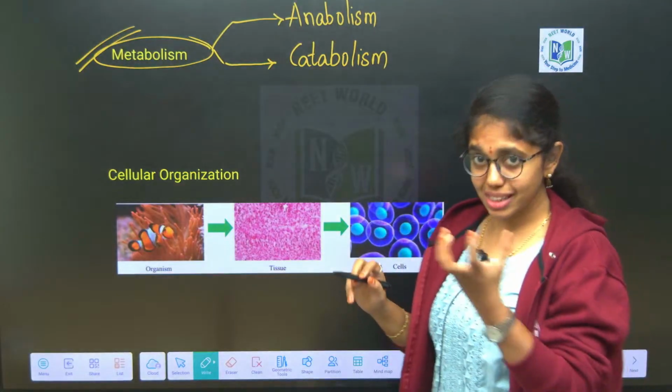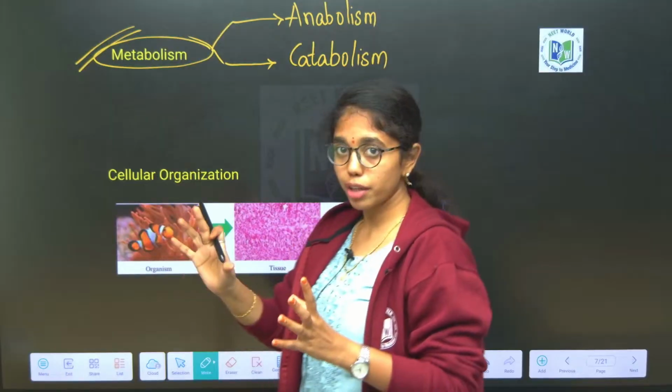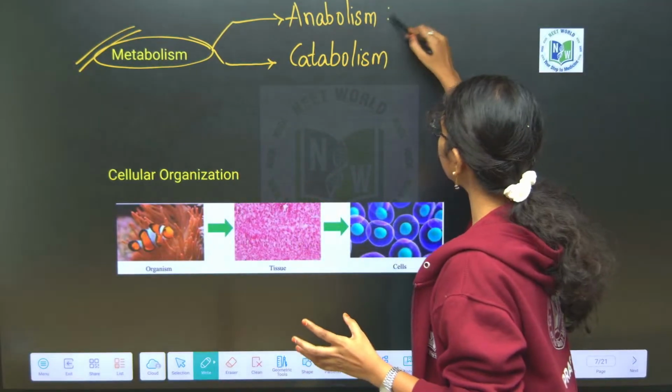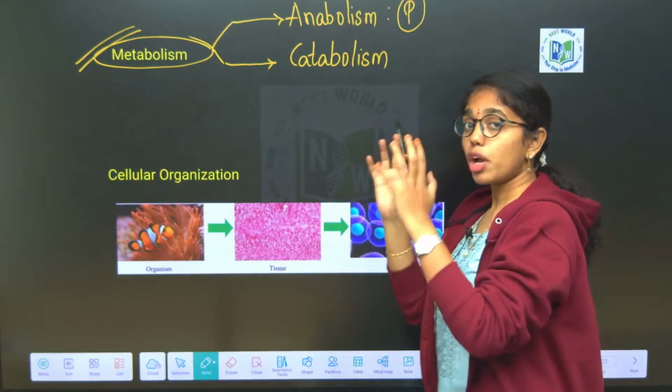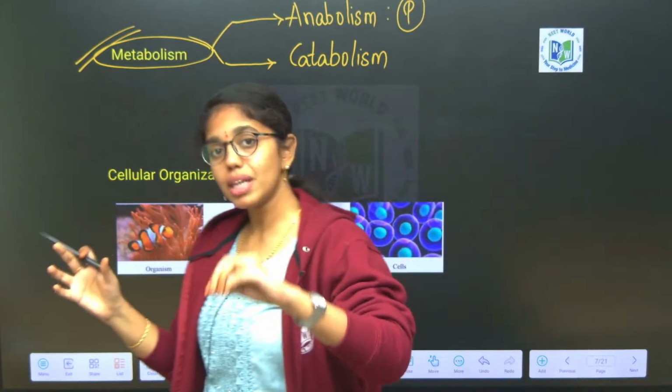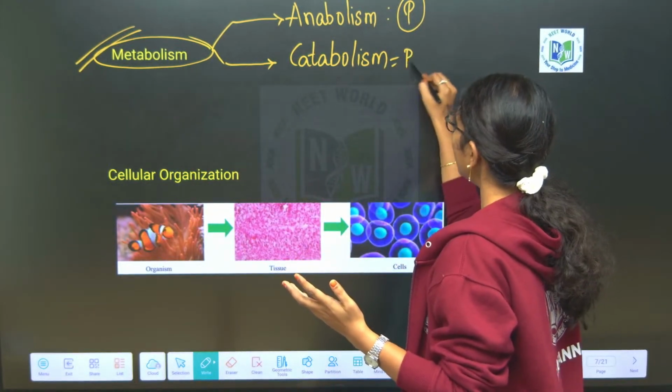Anabolism is nothing but simpler molecules piling up or synthesizing complex organic molecules. The best example for anabolism is photosynthesis. In catabolism, complex molecules break down into simpler ones, releasing energy. The best example is respiration.